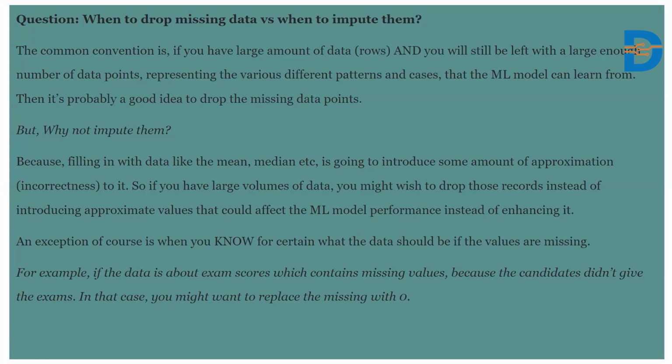Would you like to impute it by replacing it with mean, median, or mode? For a person who has not attended the exam, if you replace the value with the mean, you are giving a person who has not written the test a score, which is not correct. In this particular case, you have to replace the null values with 0 because he has not written the test. This is an exception example.